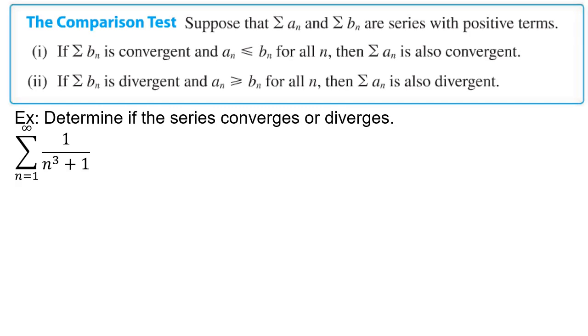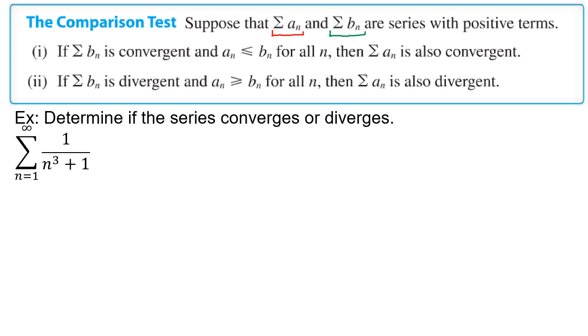So the basic comparison test says that if you have two series, the summation for the sequence a sub n, and that'd be this first one right here, and the series of adding up all the b sub n's are series with positive terms. So that's important. You do have to have positive terms here.